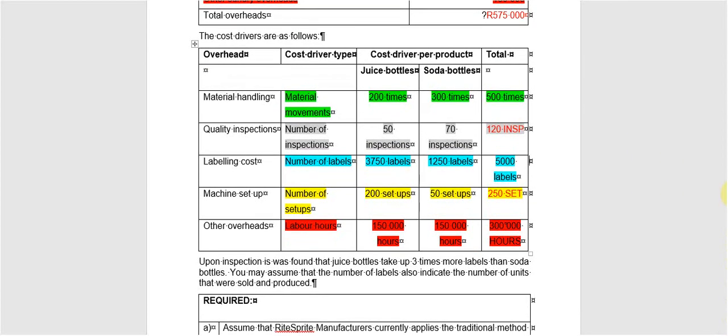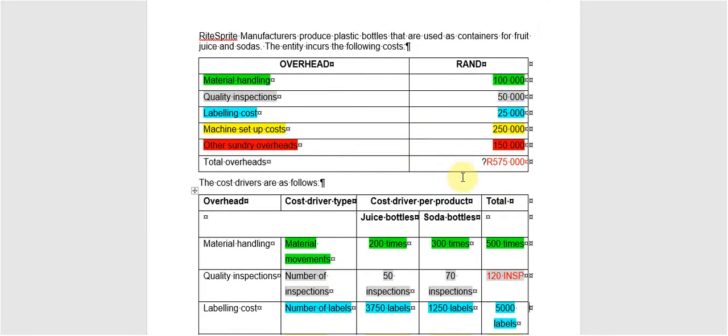Right, now I can start with my calculation. Please note how I now ignore this total of 575. We will not need it. We are going to do calculations separately. I'm going to start with the material handling, and we need to calculate the rate. It will be the rand value divided by the total of the cost driver.